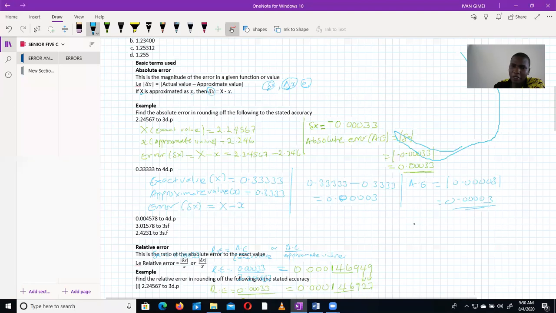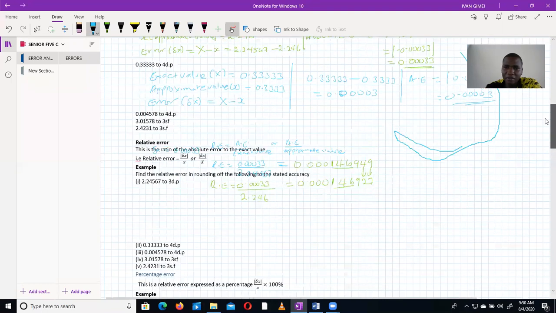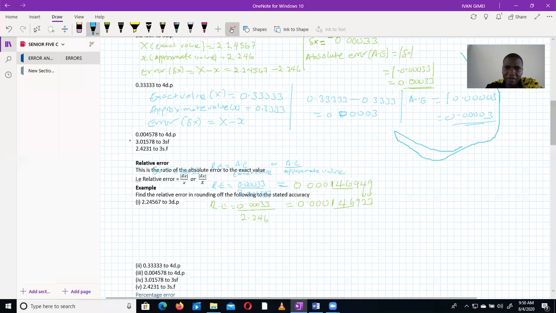Yes, sir. Okay. So when you go ahead and find the relative error, now this has been intermingled because I shifted some few things. Okay, let me try to delete a few things here.